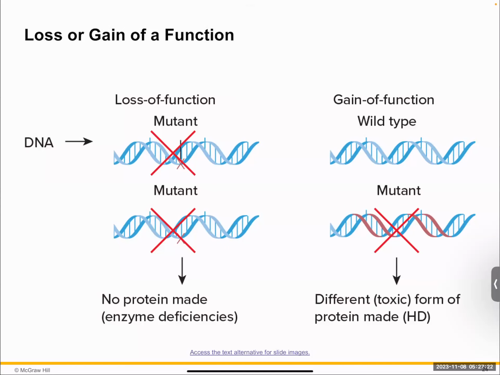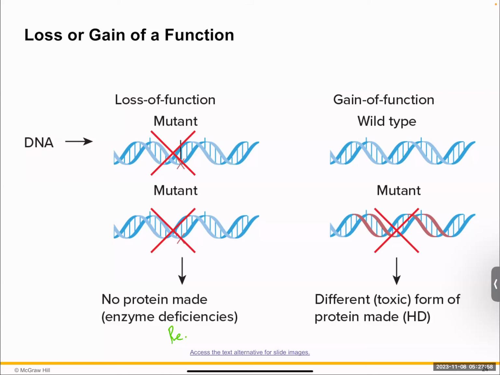So in loss of function mutations, which basically cause a change in the genome, if you have DNA being affected, so here in this case, the DNA is being affected, a mutant is formed, we create no protein, which leads to enzyme deficiency. This is a representation of a recessive concept. So loss of function, you completely lose that protein, versus gain of function for a mutant.